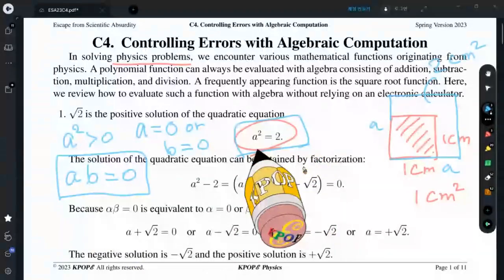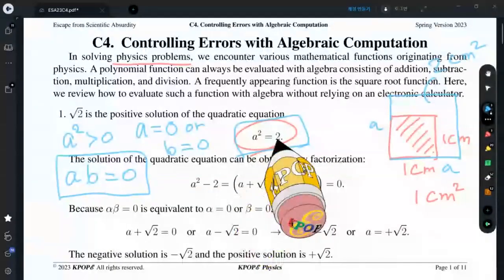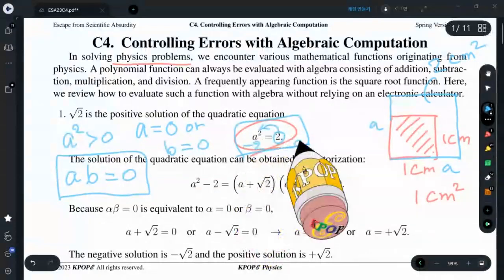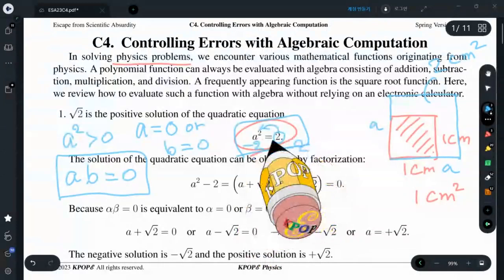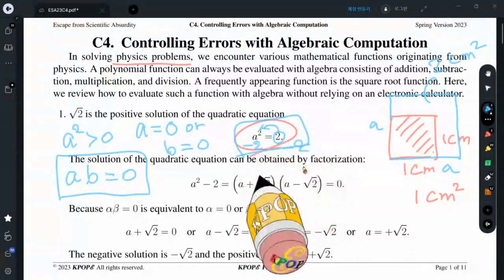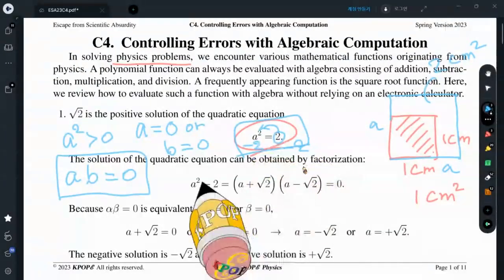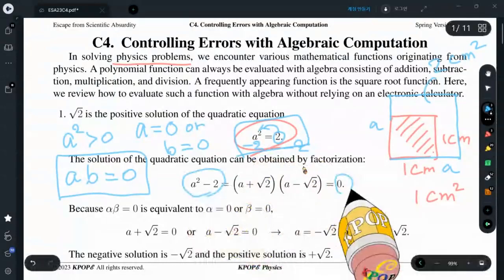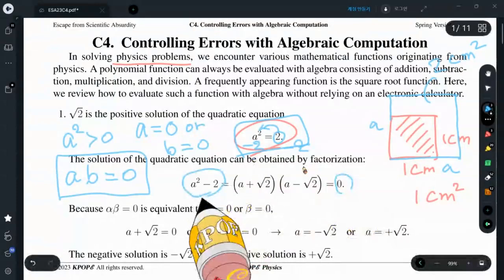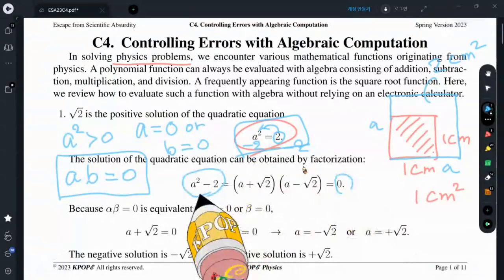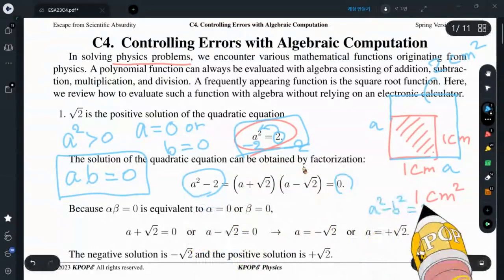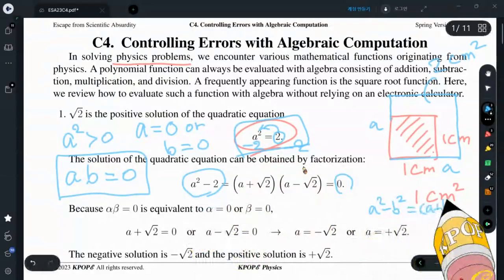Okay, first of all, move this one to the left-hand side by subtracting 2 from both sides. Then we have a squared minus 2 equals 0. We know how to factorize this using a squared minus b squared equals (a plus b)(a minus b).